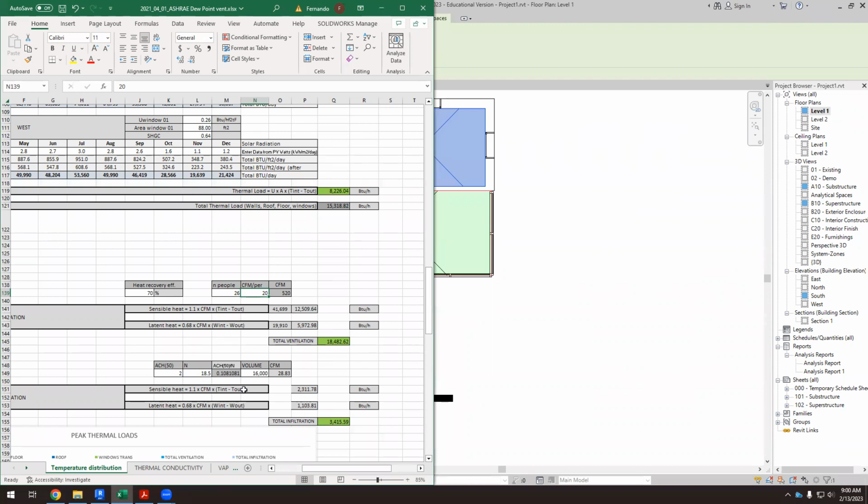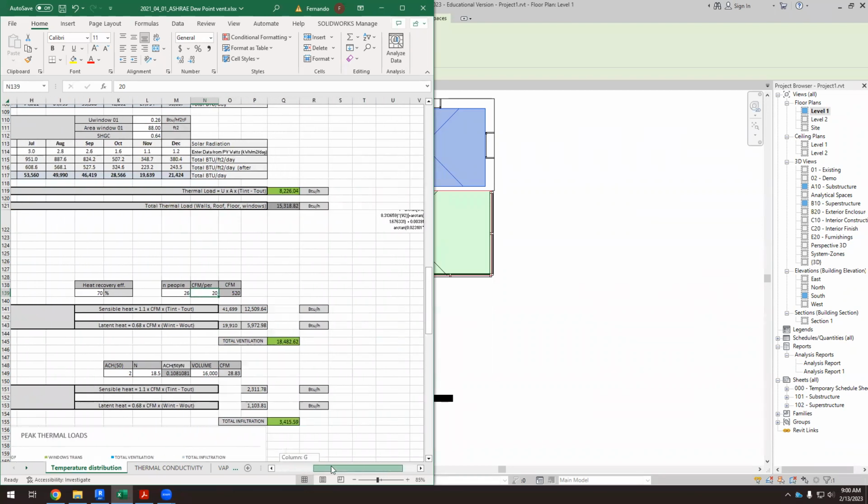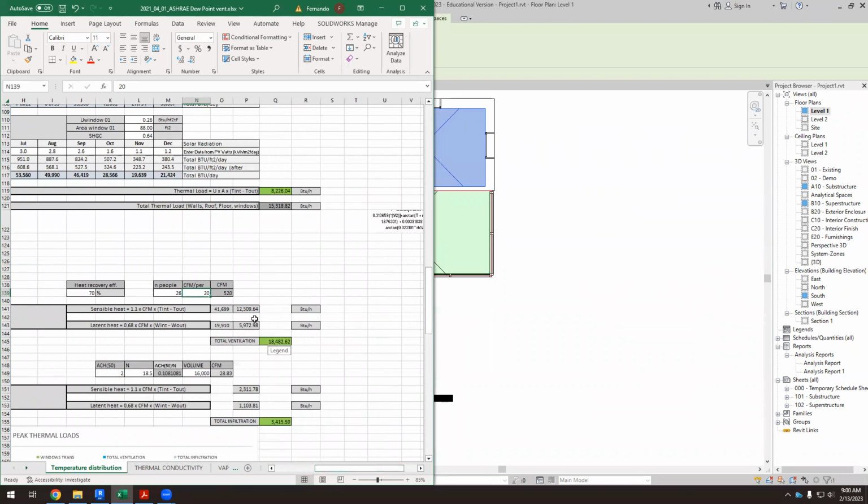And here we have the formulas for the sensible heat and the latent heat. That's important, but I will explain later why we divide this between sensible and latent heat. What is important here is the heat recovery. I think in systems, we talked about the heat recovery in the air handling unit, and we said that we can save a lot of money and a lot of energy by placing heat recoveries in buildings. And that's the efficiency.